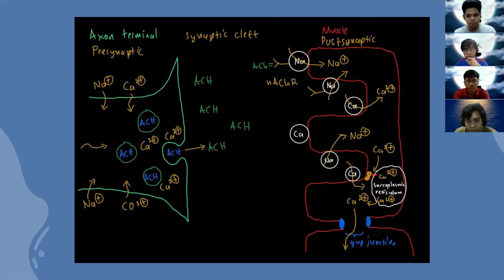There is a protein bound to the sarcoplasmic reticulum. When we have calcium ions in the muscle cell, they bind to the protein, causing calcium ions to be released from the sarcoplasmic reticulum. When we have a high concentration of calcium ions, this causes the muscle to contract.